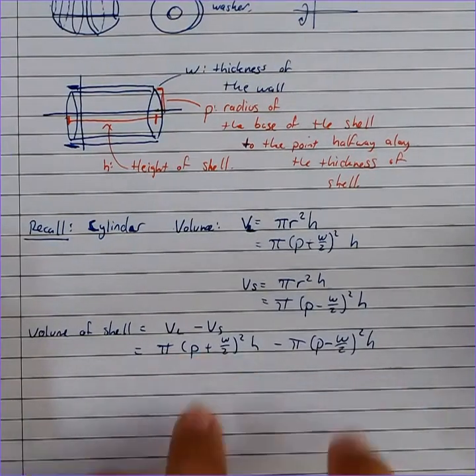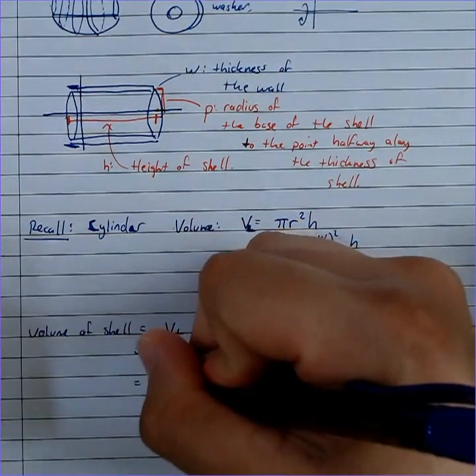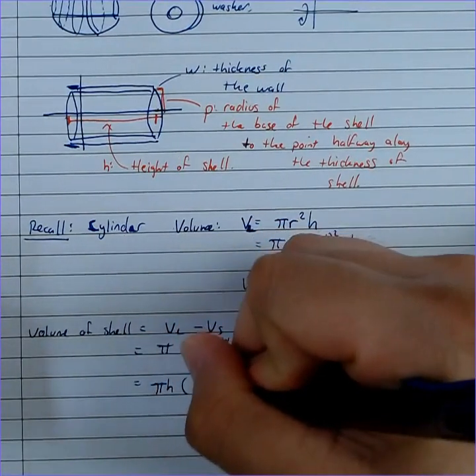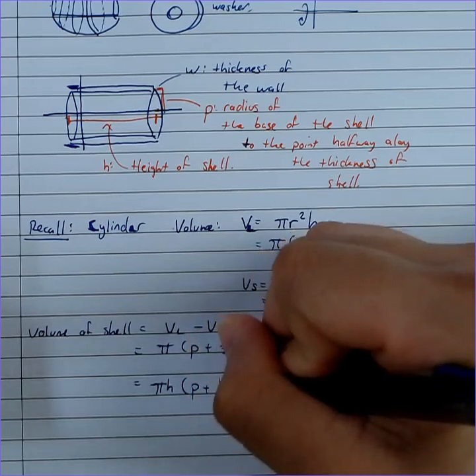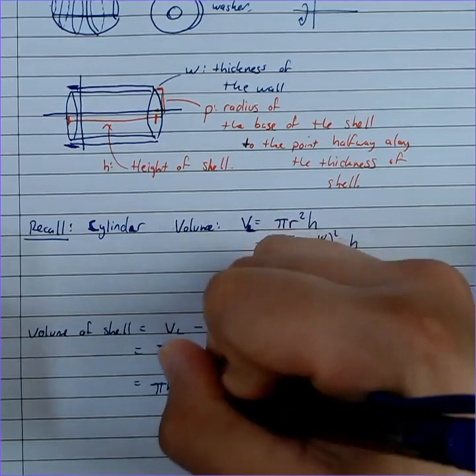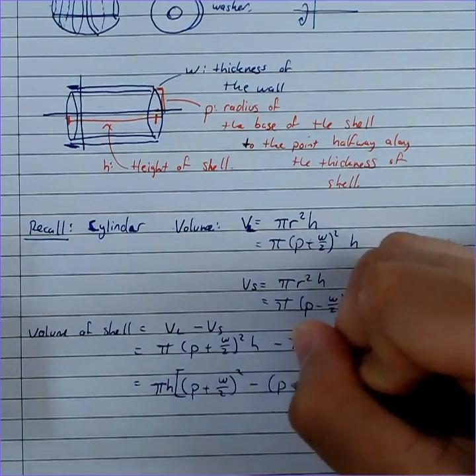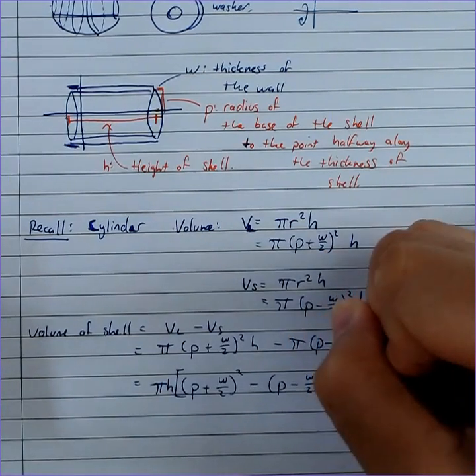Notice here pi and h are common factors, so I can pull that out. That's going to be pi times h times (p plus w over 2) squared minus (p minus w over 2) squared, like that.